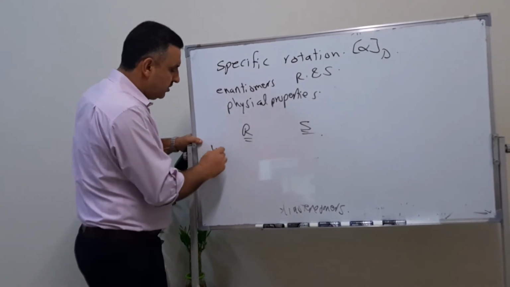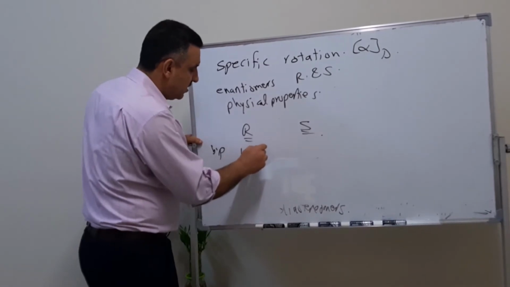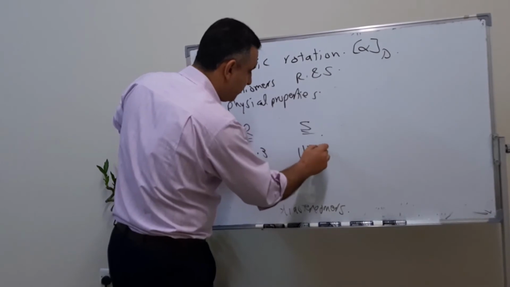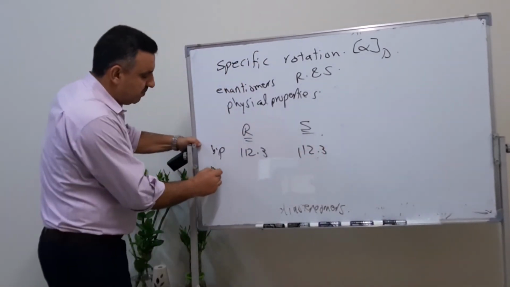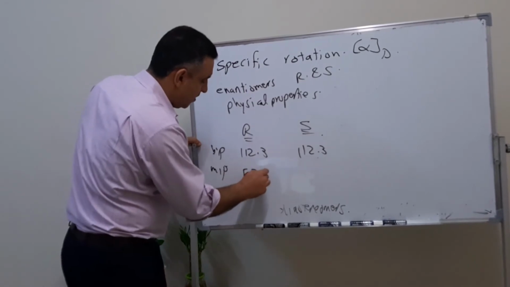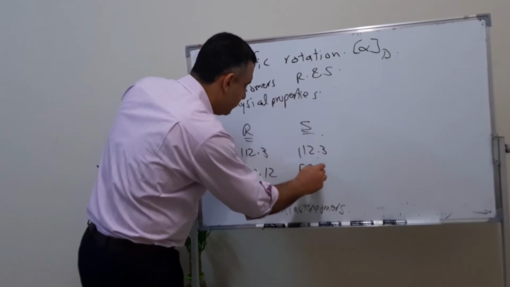The boiling point, suppose this is 112.3, you will see that this is 112.3. The melting point, if this is suppose 57.12, this will be 57.12.